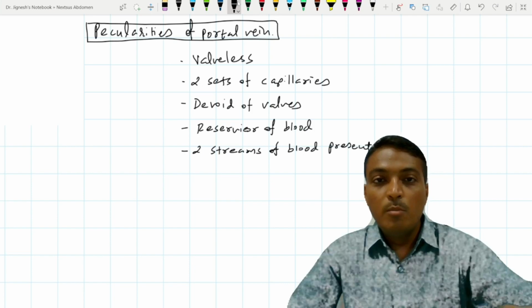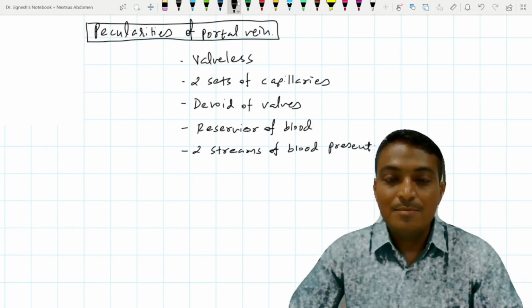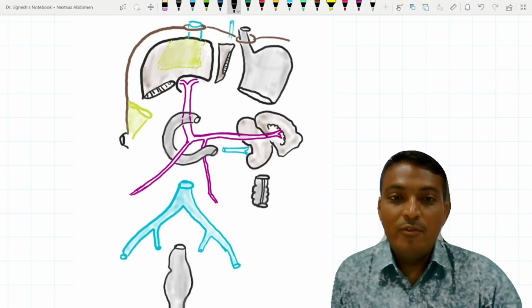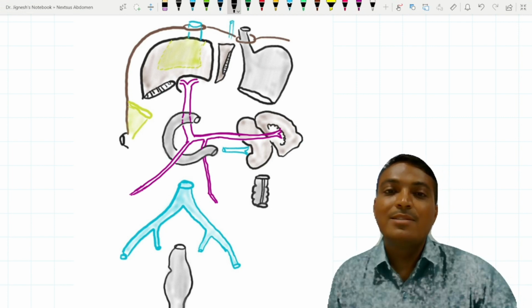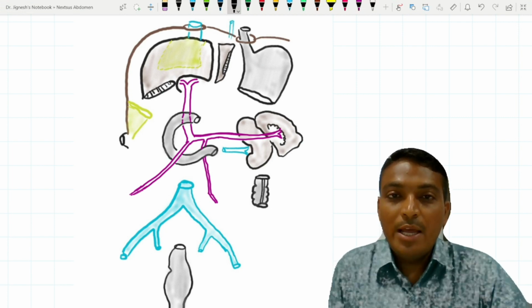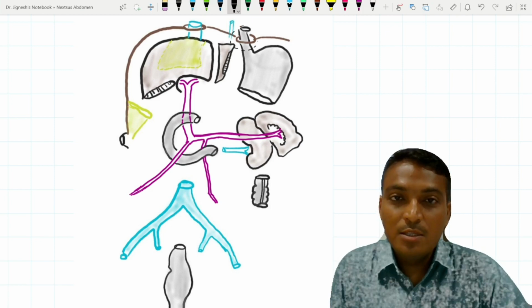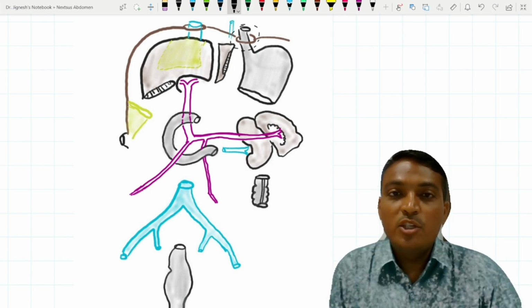Now let's move on to the most important part of this lecture, that is the portocaval anastomosis. The first site of the anastomosis between the portal system and the caval system is at the lower end of the esophagus. So at the lower end of the esophagus, the portal vein and the systemic vein get anastomosed.